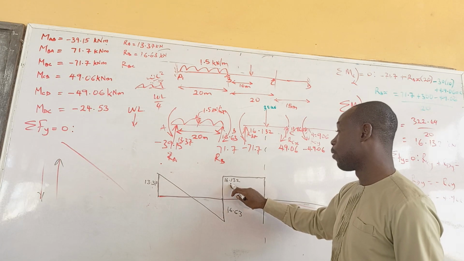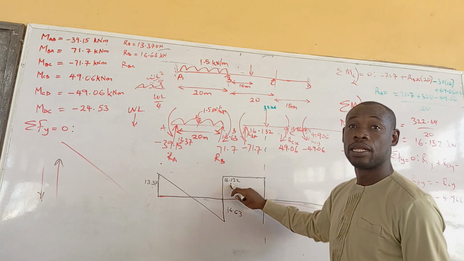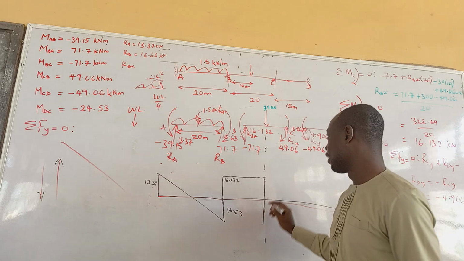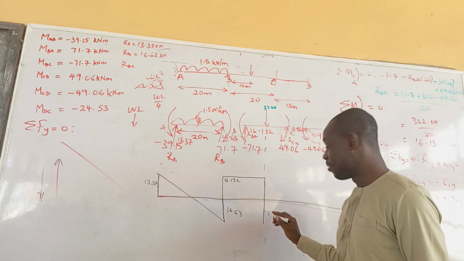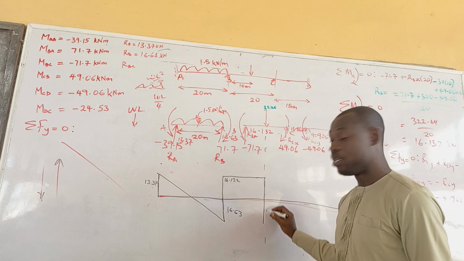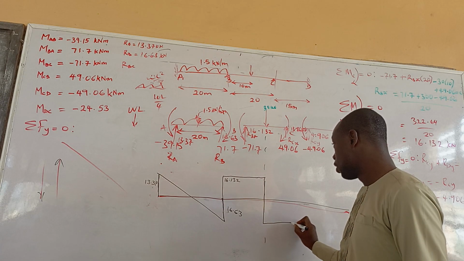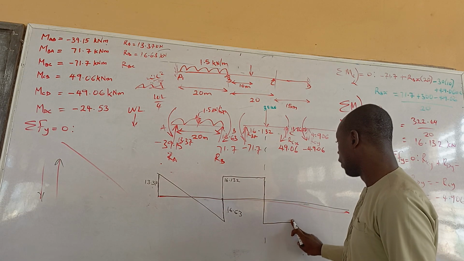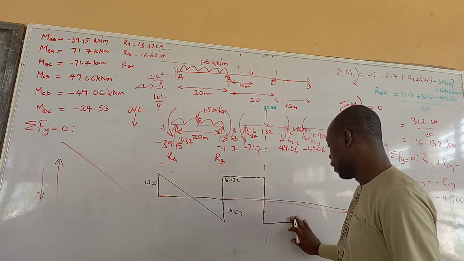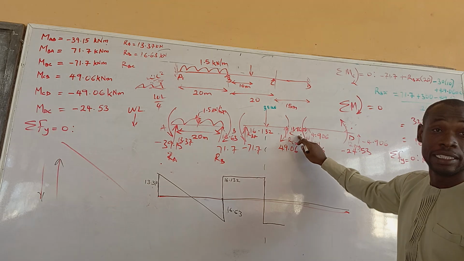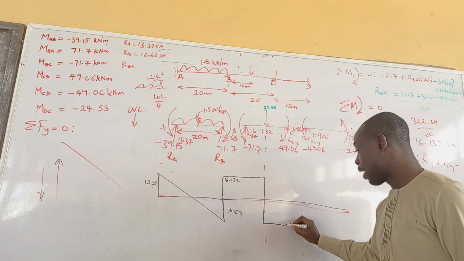If I move 30 from here, what do I have? I should have 30.86. So that means it is already in 30.86 here, right? So I continue to move in that direction till I get to this point here. 13.86, right? Then I move up.